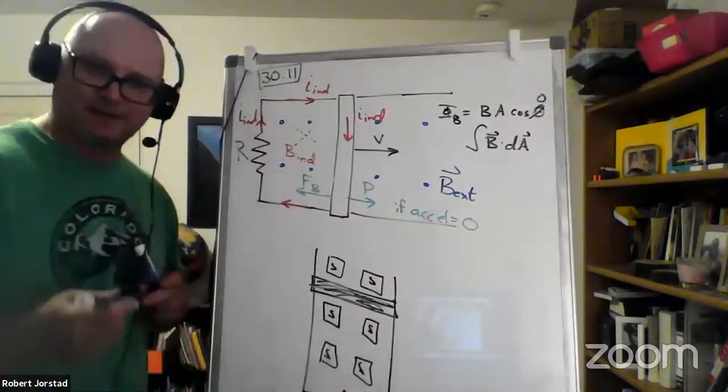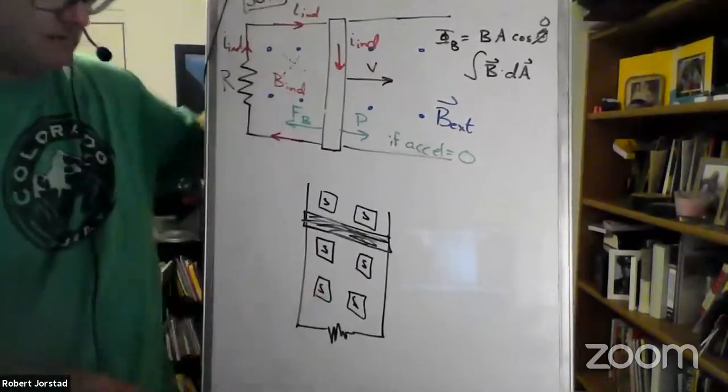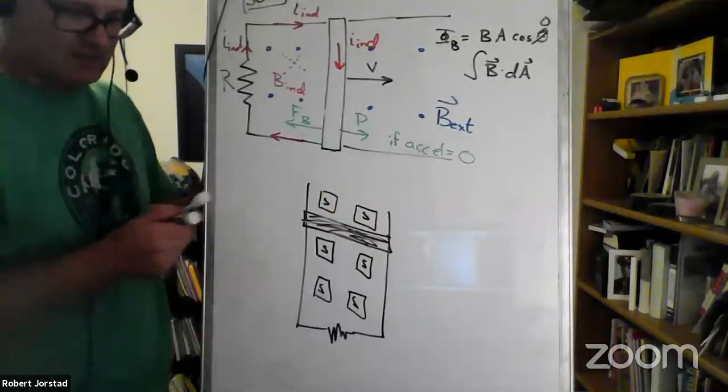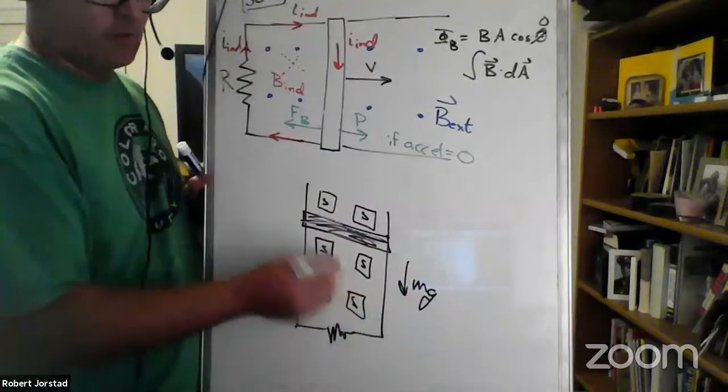And I let it fall down. If I have South Poles, and I drop the rod and let go of it, obviously there's going to be a force mg pulling it downwards.